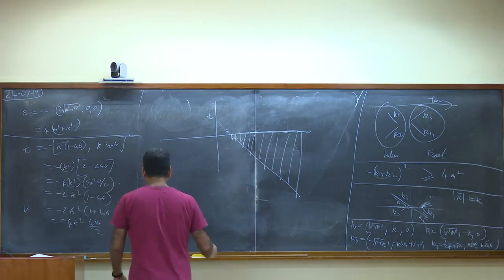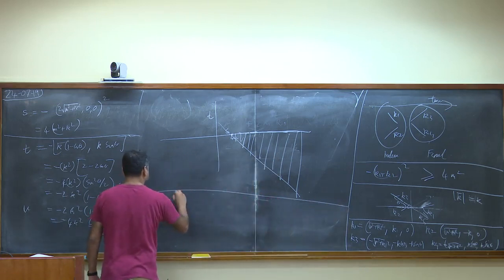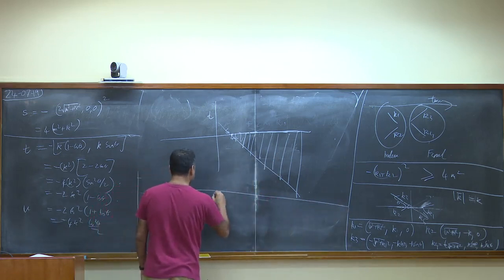But what happens when k1 and k3 are initial states?